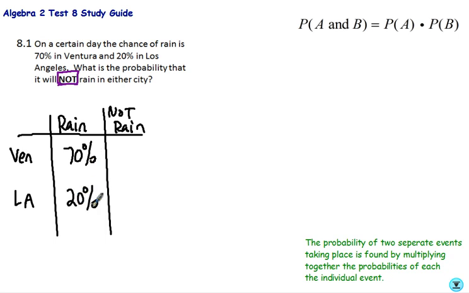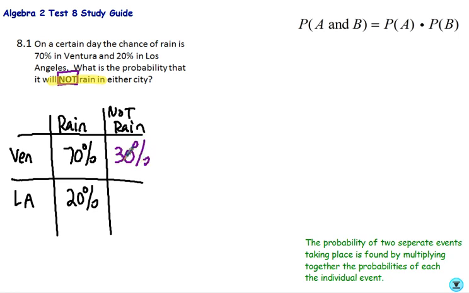So what it says is there's a 70% chance that it'll rain in Ventura and a 20% chance it'll rain in LA. All right, well, the thing is that percent is always out of 100. So if there's a 70% chance it will rain, but we're looking for the chance, and I've already boxed it, but let's highlight it as well because we really want to make sure we're clear that they're saying not. So the chance that it's not going to rain would be 30%, because these two things need to add up to 100.